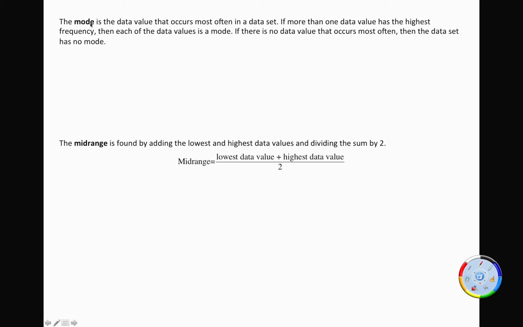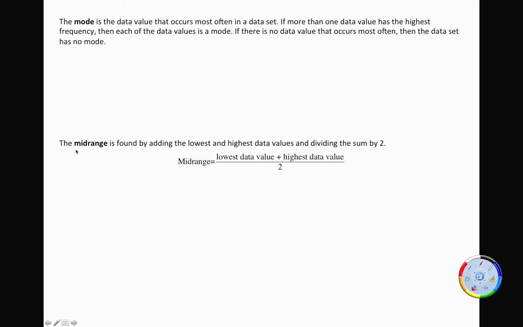Okay, the mode is the data value that occurs most often in a data set. If more than one data value has the highest frequency, then each of the data values is a mode. If there is no data value that occurs most often, then the data set has no mode.